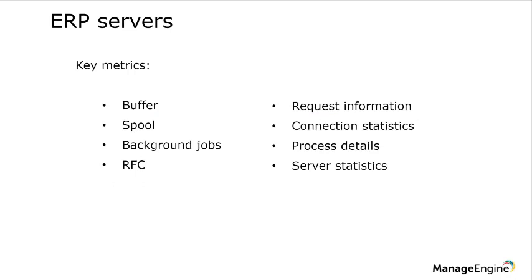So by monitoring the values of NQ service and measuring the log wait time to optimize the application, using the spool utilization metric, the SAP monitoring system will measure the efficiency involved in queuing jobs and help to react quickly to alert messages. So the request filter statistics indicate the requests that are sent between the server and the browser. So these key metrics can be monitored in Applications Manager.